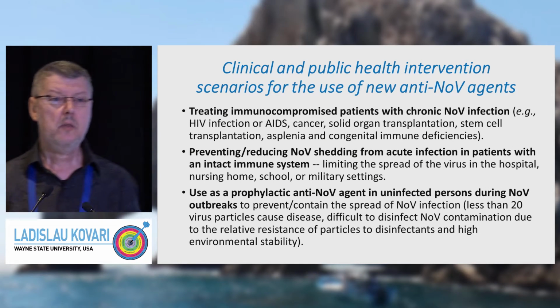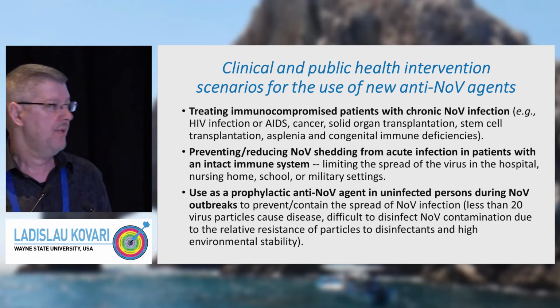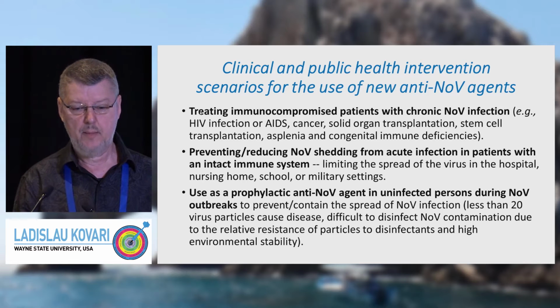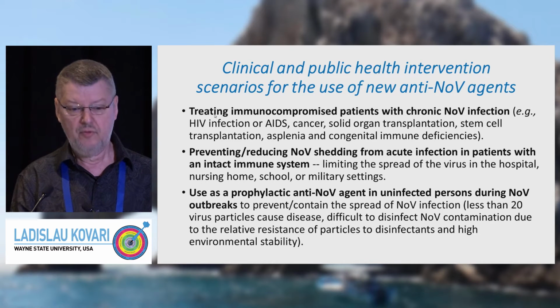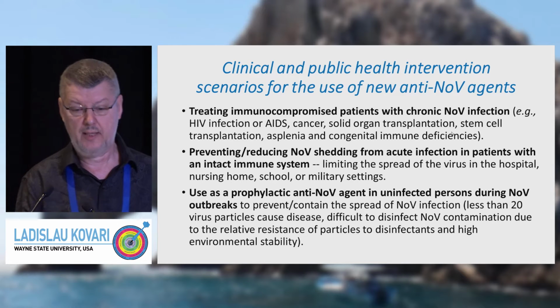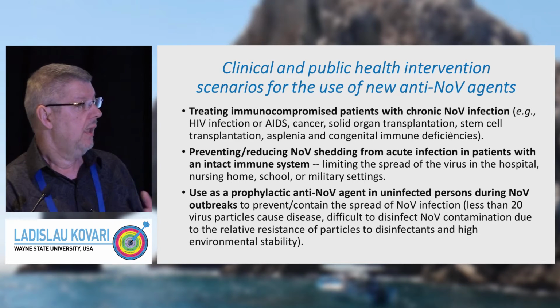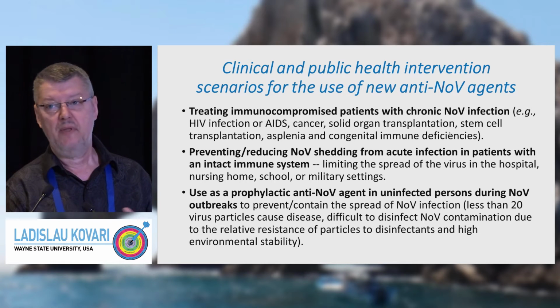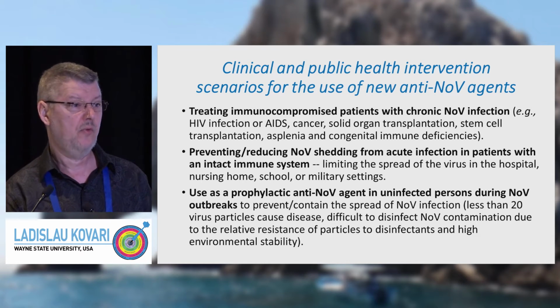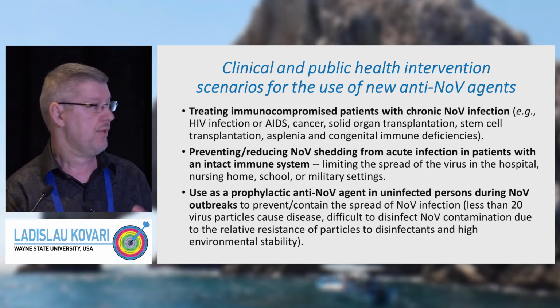And when we think about antivirals, there are a number of intervention scenarios. First and foremost, treating immunocompromised patients with chronic norovirus infection, and these individuals can be infected for weeks, months, and there are also cases of 1 or 2 years.